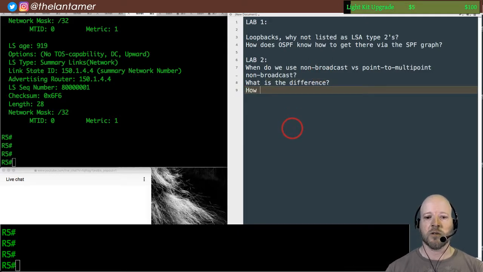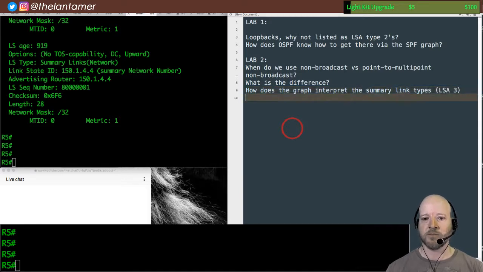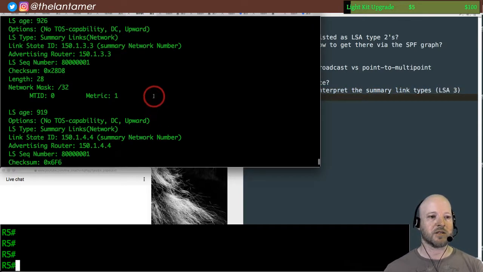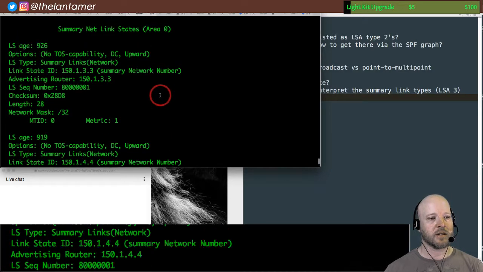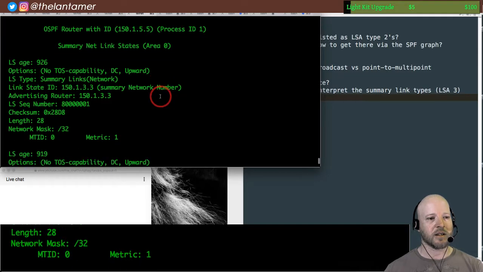And how does the graph interpret the summary link types? Let's say type 3. Because I'm looking at this on router 5, I'm looking at this summary, and I guess I understand.